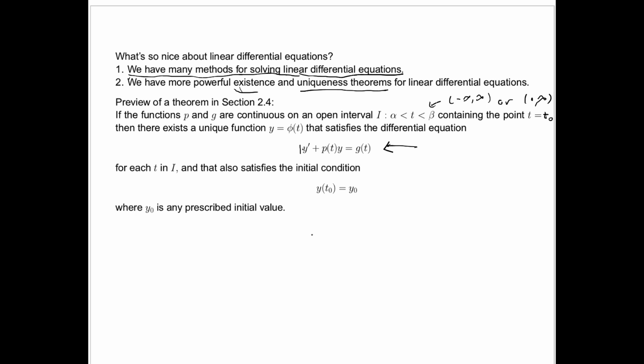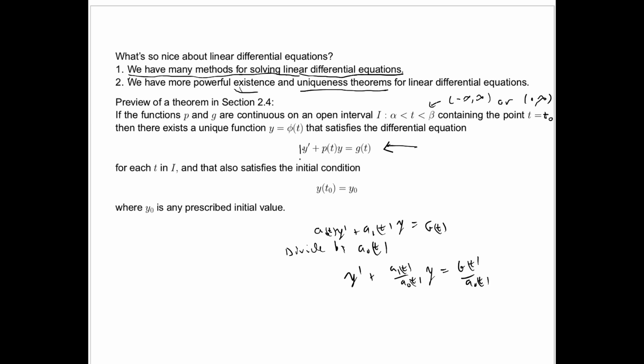If you have that first-order differential equation written in the form, say a naught of t y prime plus a 1 of t y equals capital G of t, then divide by a naught of t to get y prime plus a 1 of t over a naught of t, y equals G of t over a naught of t.